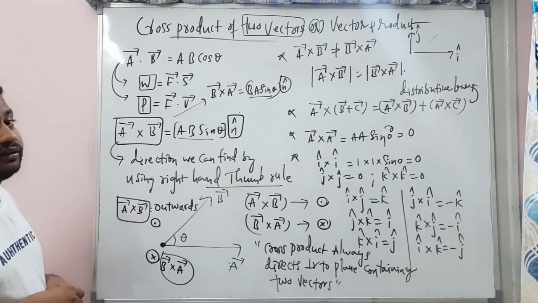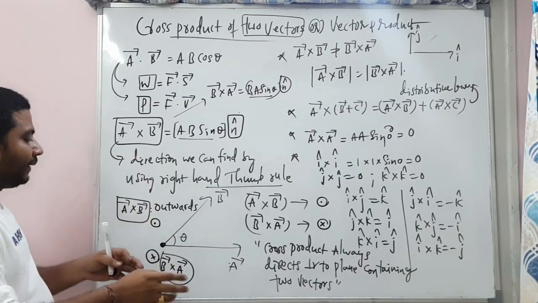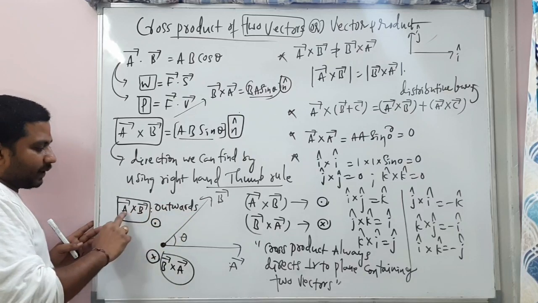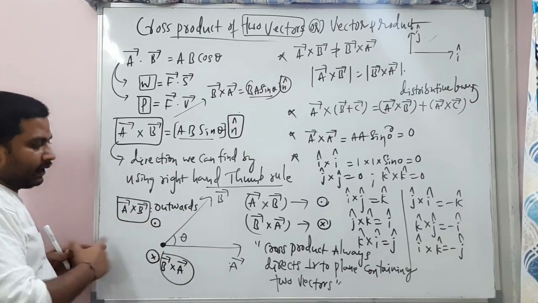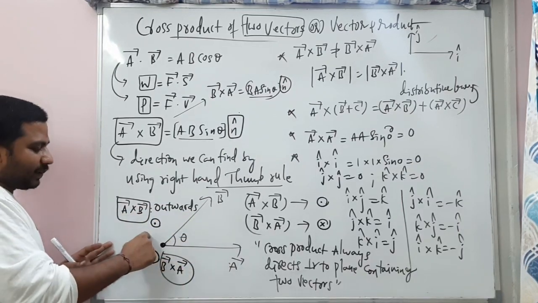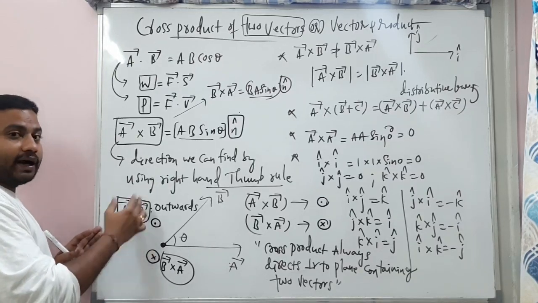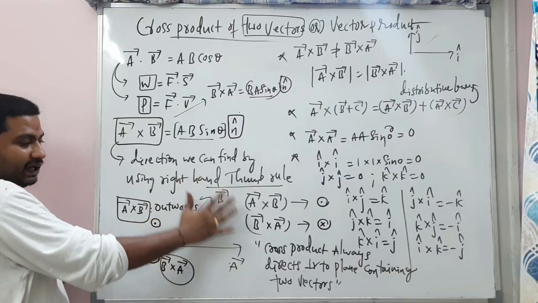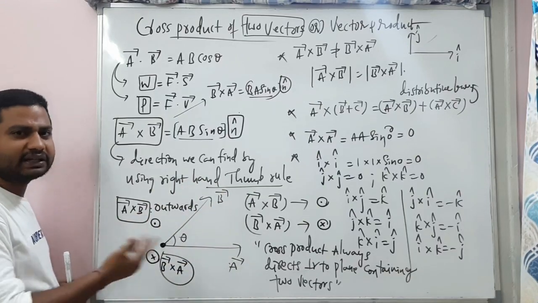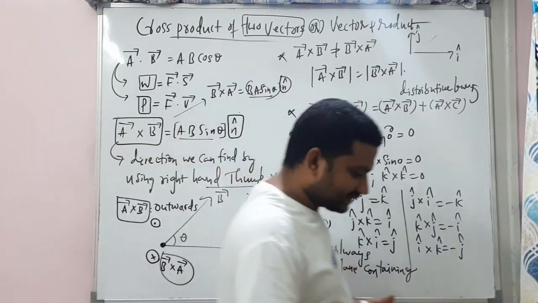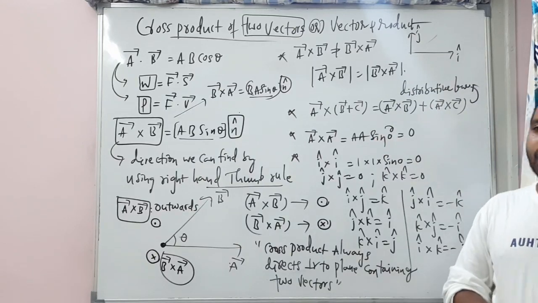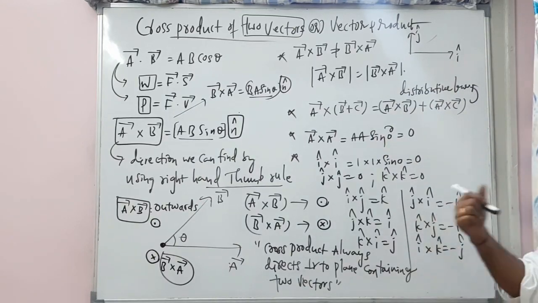And one more point, going a little deeper: the b bar direction is perpendicular to a bar cross b bar, and the a bar direction is also perpendicular to a bar cross b bar, and a bar cross b bar is perpendicular to the complete plane containing these two vectors, right? Everything is correct. Understand? Okay, so just pause the video and write down.